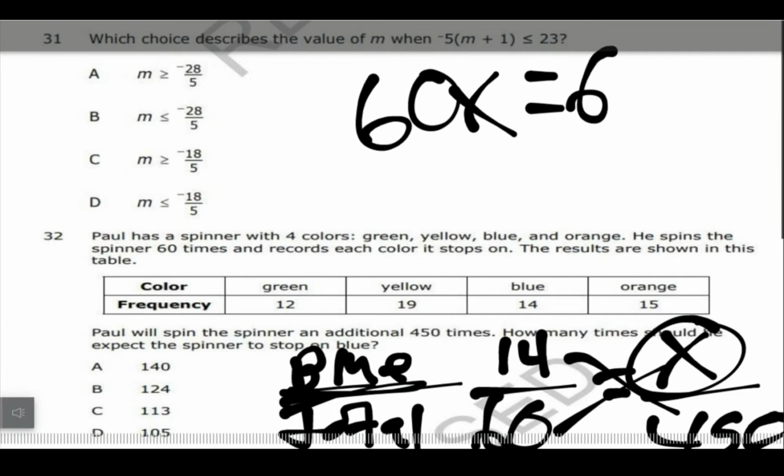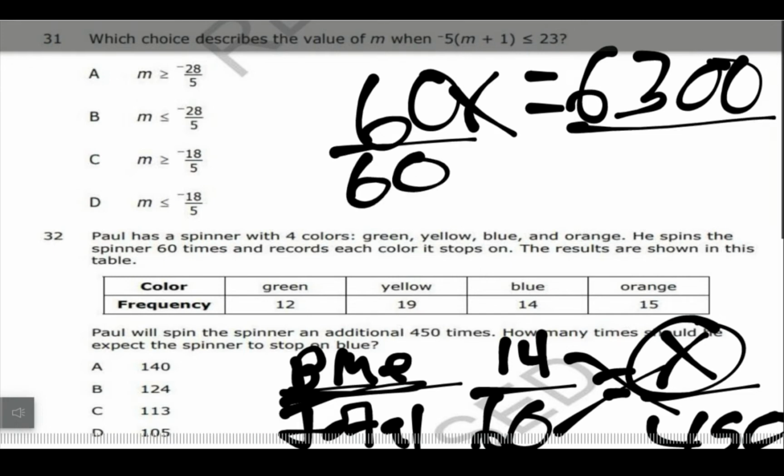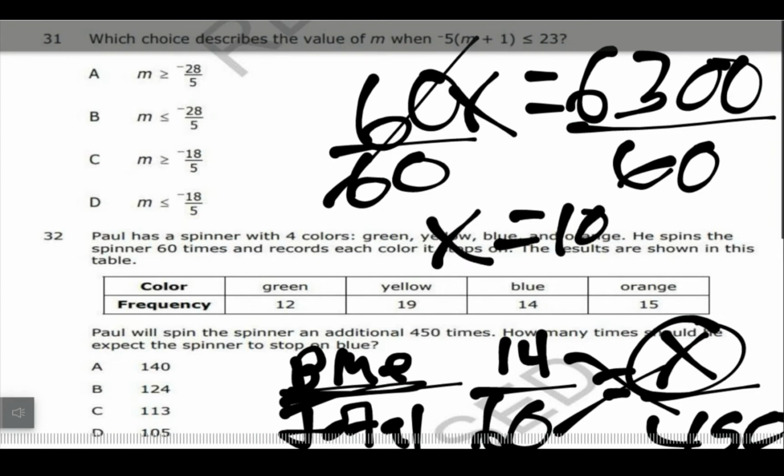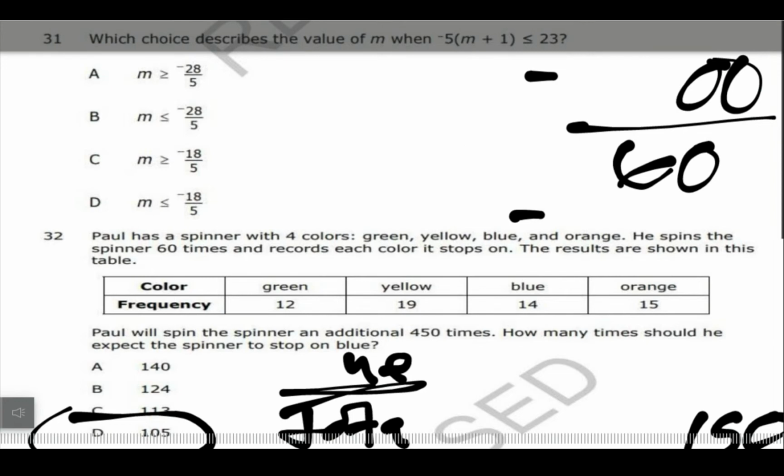So that's 6,300. Again, I want to get x by itself, so to get rid of the 60, I divide over to the other side. That gives me 105. So that would be D. Erase that. Let's go to 33.